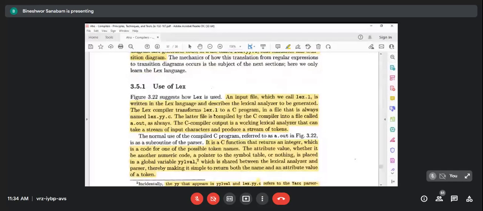Here is also more definition: we use the file lex.l written in the Lex language, and here we describe the lexical analyzer to be generated. When we say lexical analyzer to be generated, it refers to the patterns or the definitions, the patterns that we want to include. The C compiler transforms this into a C program, lex.yy.c, which is compiled by the C compiler.